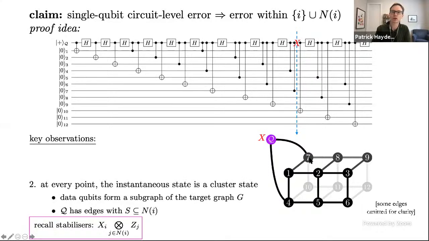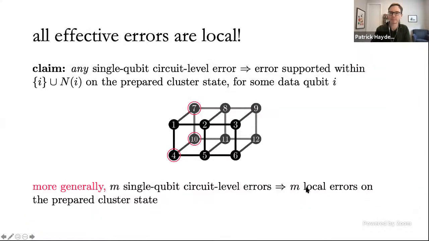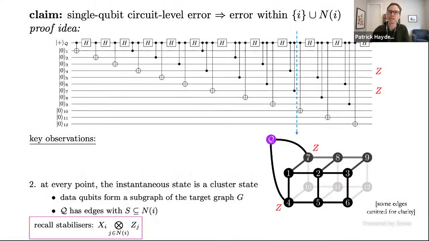And so we can turn this X error on the emitter into Z errors on 4 and 7. And then the next CNOT and Hadamard is going to swap the emitter into site 10. And so these two Z errors are going to be Z errors in a neighborhood of site 10 in the cluster state.